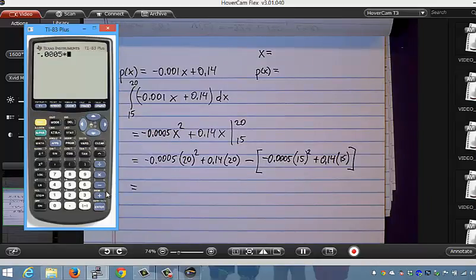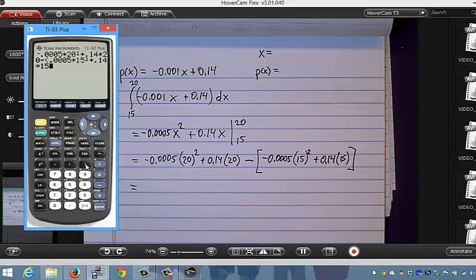All right, I'm starting to compute it. Negative 0.0005 times 20 squared plus 0.14 times 20 minus, open parentheses, negative 0.0005 times 15 squared plus 0.14 times 15.